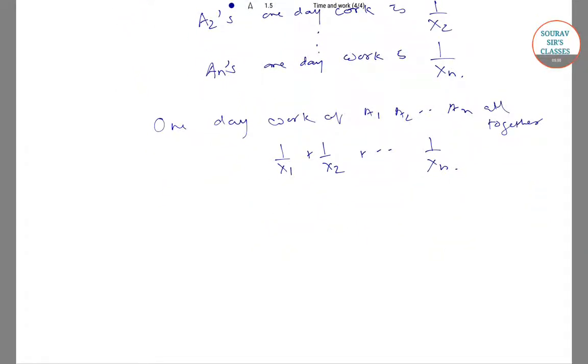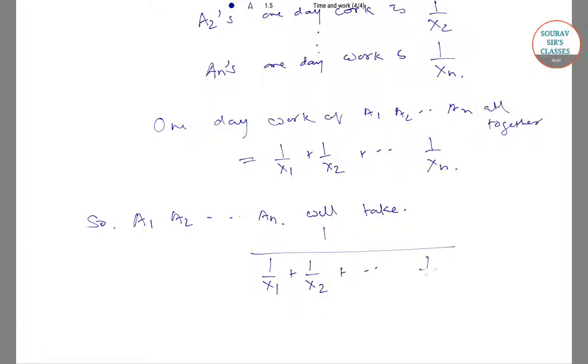So A1, A2 so on till AN will take 1 divided by (1 by X1 plus 1 by X2 plus so on till 1 by XN) days. So when A1, A2 so on till AN work together, they will take this many days to finish the work.